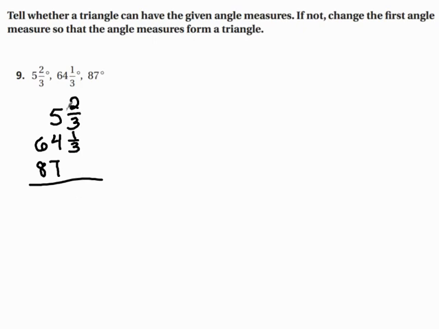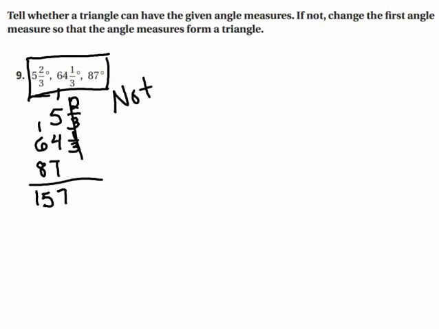So I'm not going to put any fraction here, but I'm going to put a markup here, carry my 1. So I have 9 plus 1 is 10, 10 plus 7, and then here we have 8 and 6 is 14 plus 1 is 15. So this adds up to 157, which means that this is not a triangle.